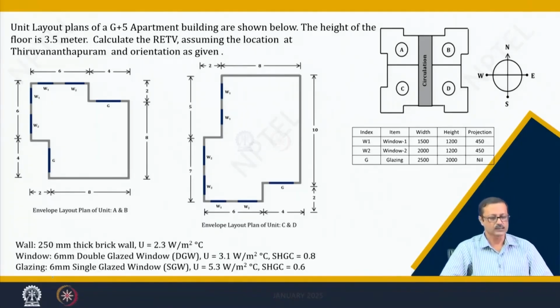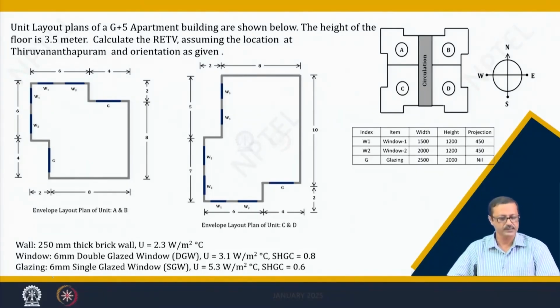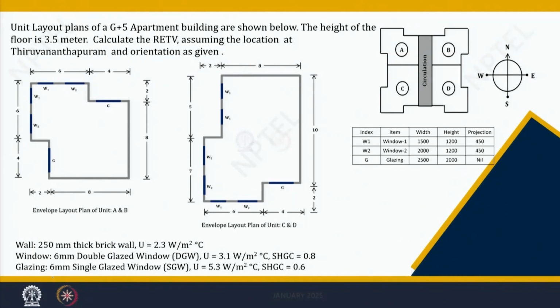The wall thickness is 250 mm, and it is a brick wall with a U value of 2.3 watt per meter square degree centigrade. The windows are 6 mm double glazed windows, DGW, with a U value of 3.1 and SHGC of 0.8. Those windows are your W1 and W2.